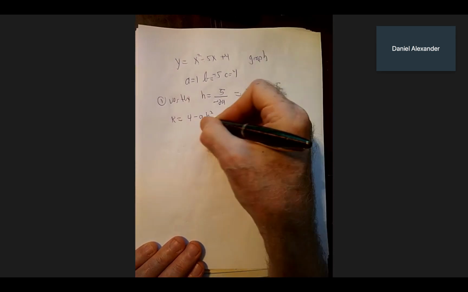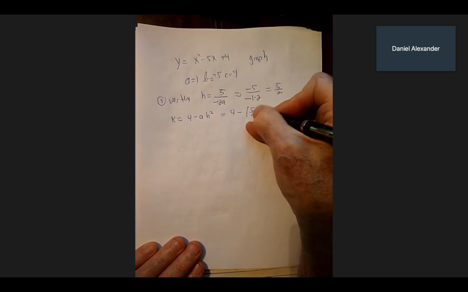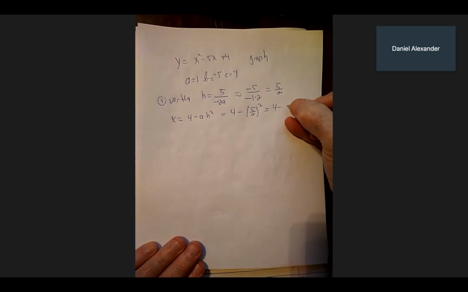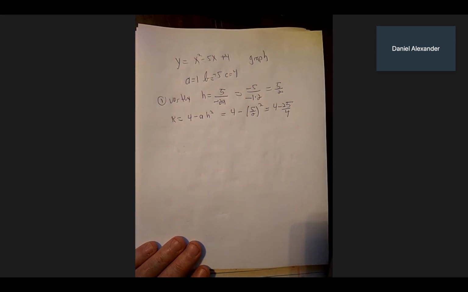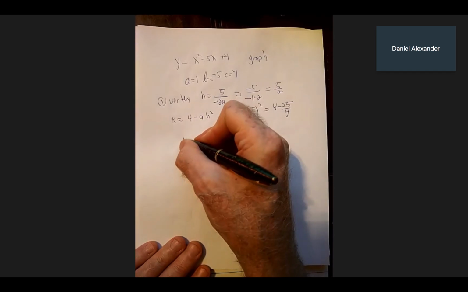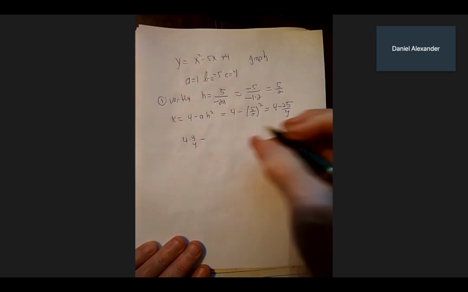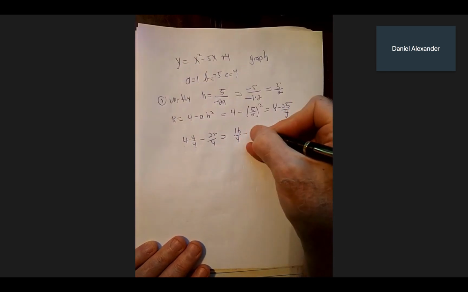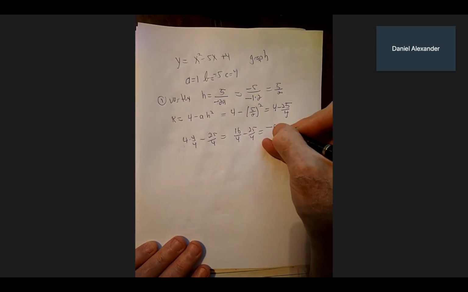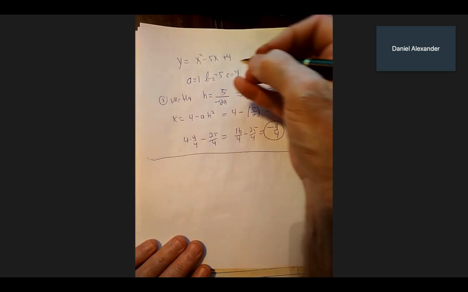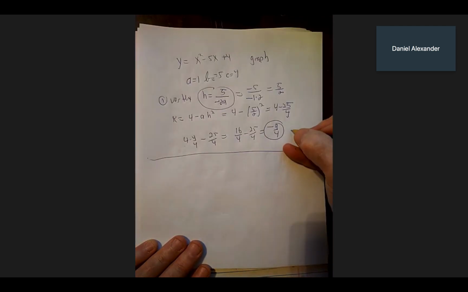That's 4 minus 1 times 5 halves squared. That's going to be 4 minus 25 fourths. I'm going to turn 4 into a common denominator, so 4 times 4 over 4 minus 25 fourths. 16 fourths minus 25 fourths is minus 9 fourths. So that's my h and k. This is my h, and this is my k.